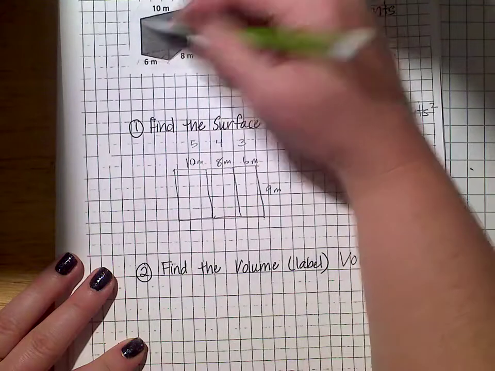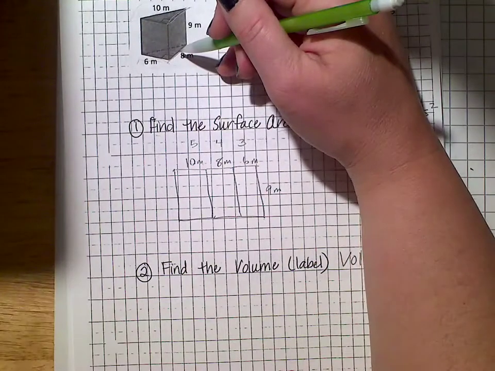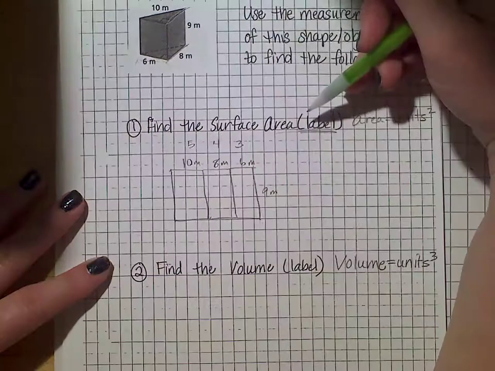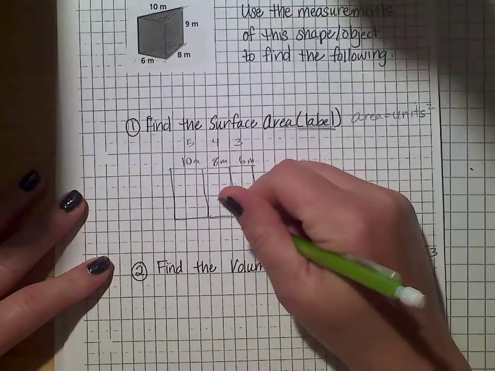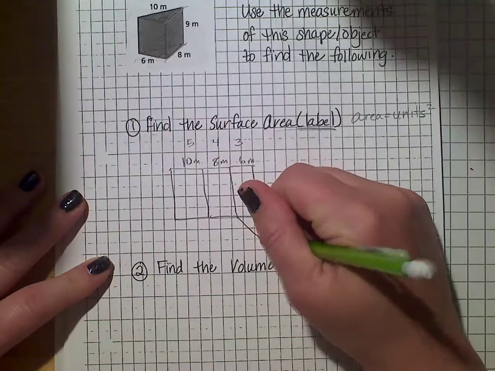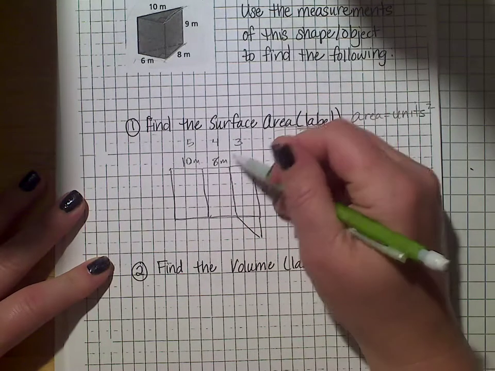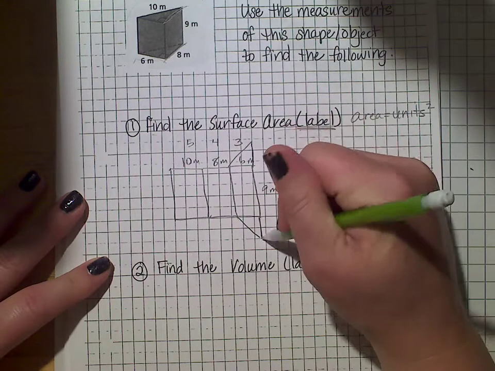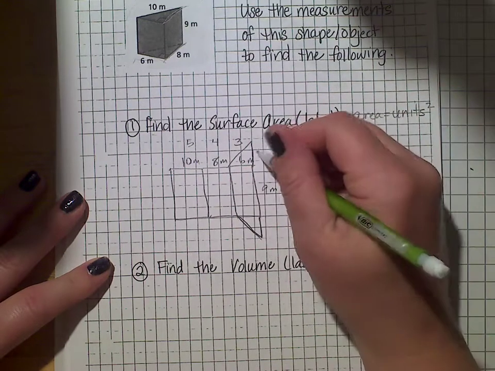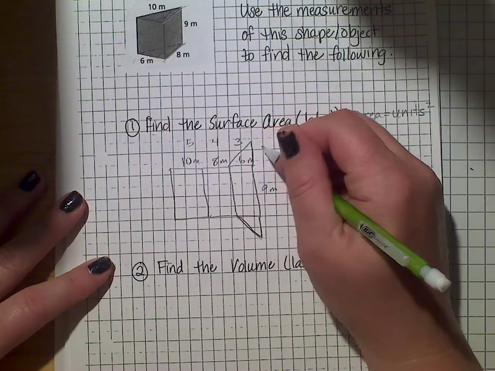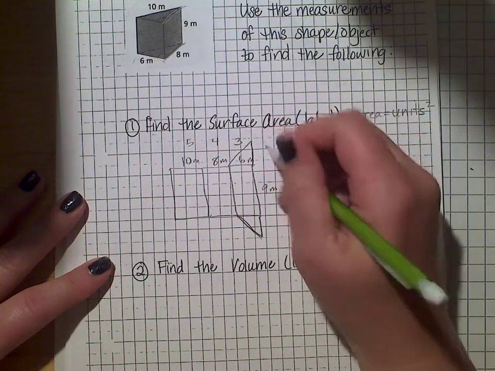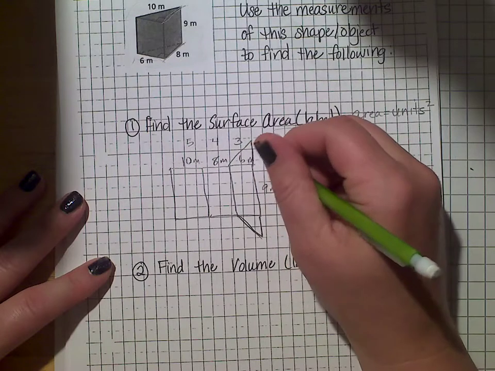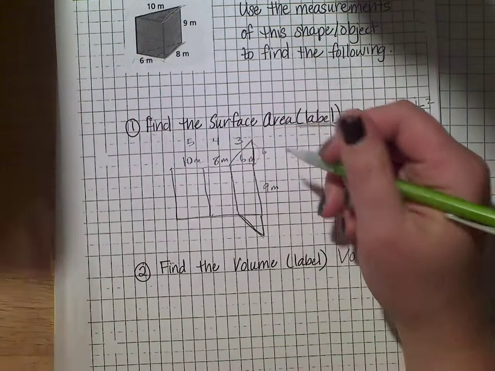So when you're doing base times height for area, you divide by 2, because we'd have a triangle on this side and a right triangle on this side, for the top and the bottom. And they're saying that the base of that part where your right triangle would be is 6.